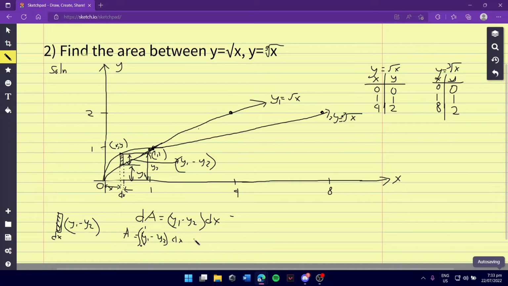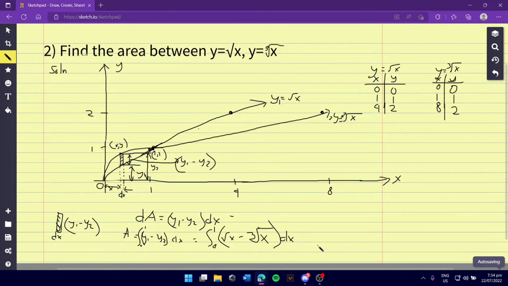So next, we will distribute the value of y. So let's put our integral and the limits. So your y1 is the square root of x, and then minus your y2 is the cube root of x. Like that. Times your dx.